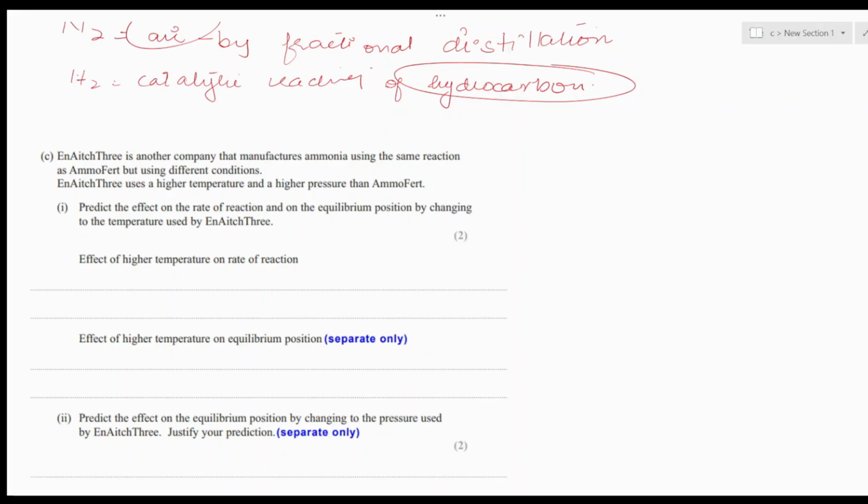Increasing the temperature of an exothermic process shifts the equilibrium backward. It shifts the equilibrium towards the left.